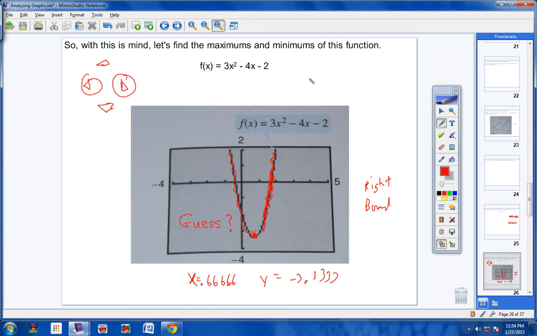X is 0.6 repeating, so X would be 2/3, okay? And Y would be -3 1/3, or negative 10/3, okay? So there we go. That would be your minimum point right there, okay?